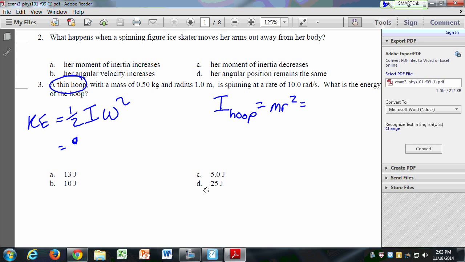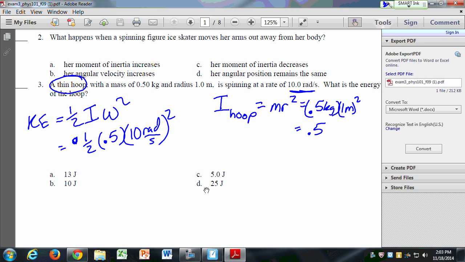That's going to be 1/2 kilogram times 1 meter squared, so that's 0.5. So I just do 1/2 of I, which is 0.5, times omega, which is 10 radians per second, squared. And how much energy does that contain? Well, 1/2 of 1/2 is 1/4, times 100 is 25.